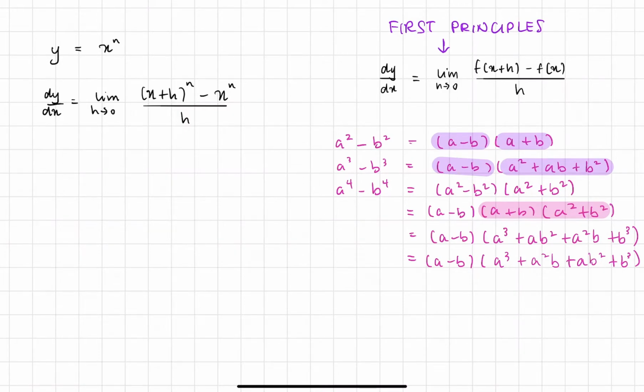So I wanted to know, if we extend it to power 4, and we have a minus b in the first bracket, what does the second bracket look like? Do we have a pattern?